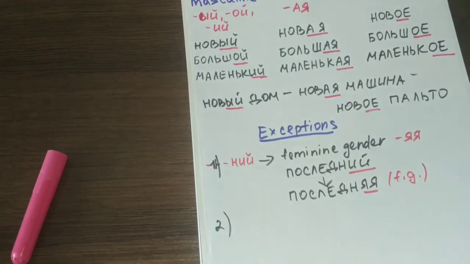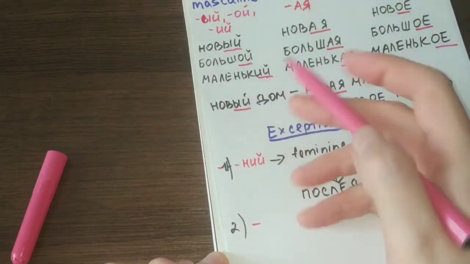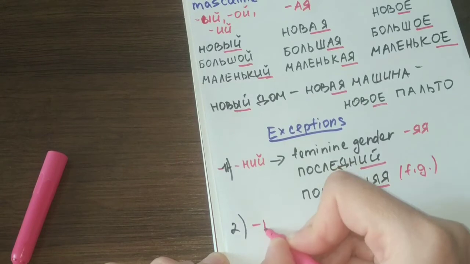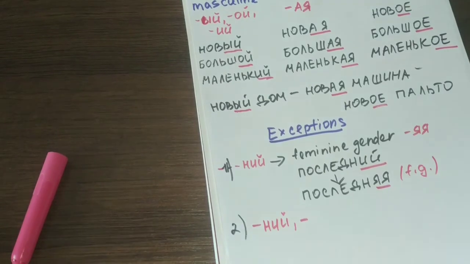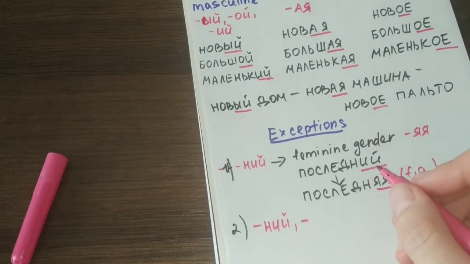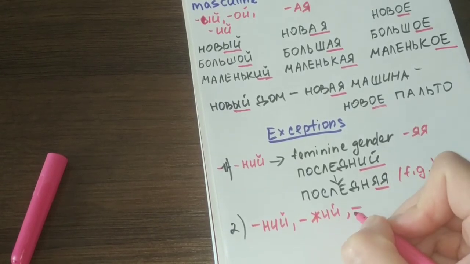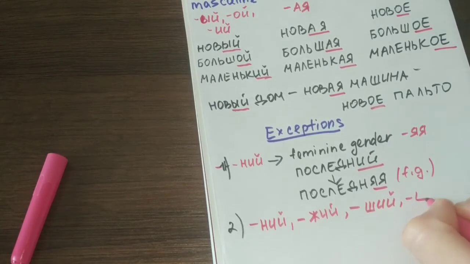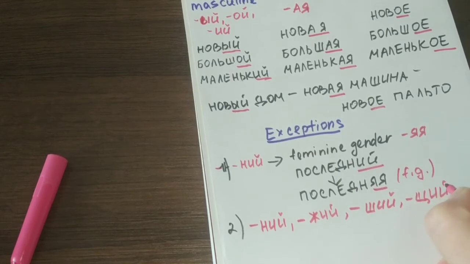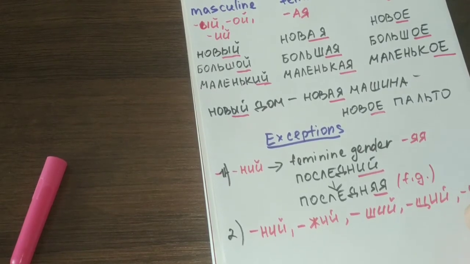And another exception is about the neuter gender adjectives. So again, we're talking first about the default adjectives. When a default adjective is ending in, again, ni, then we have zhi, then we have shi, then we have she, and we also have chi.